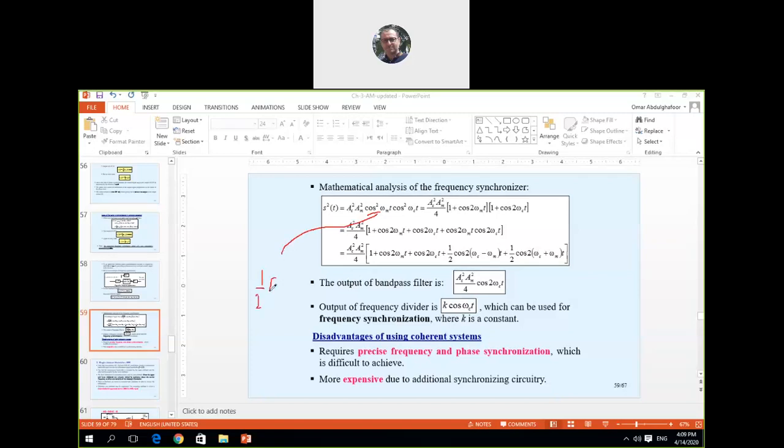Cosine squared is half of 1 plus cosine 2 omega m t.